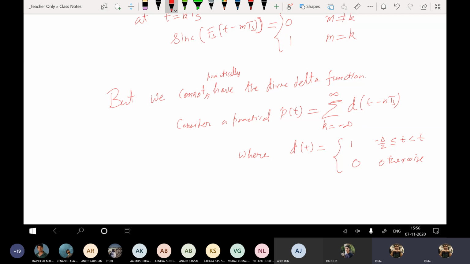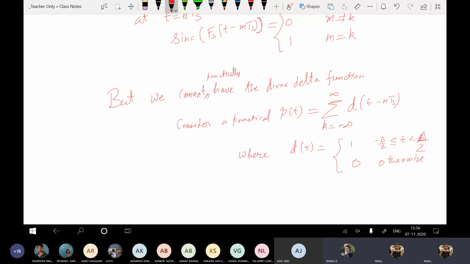This is a practically realizable system.